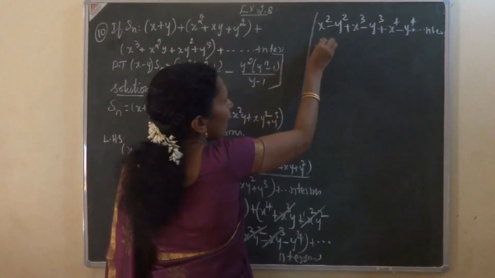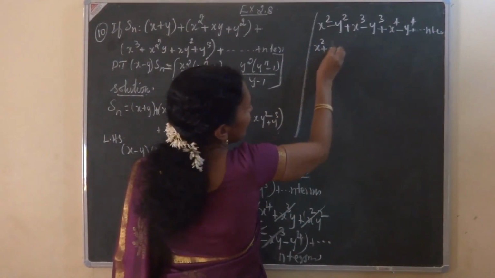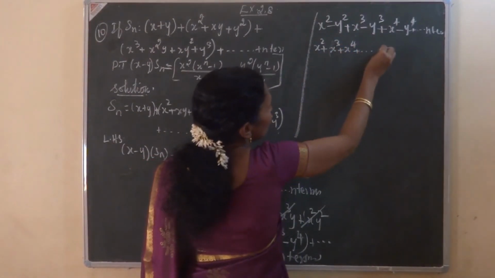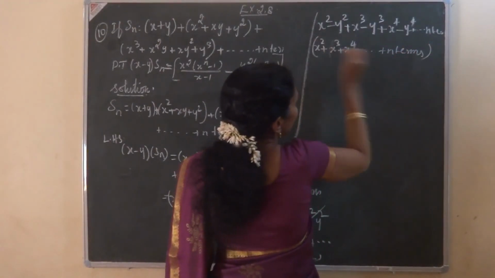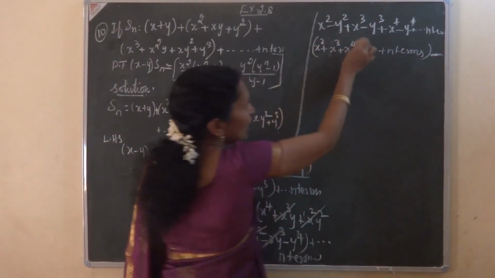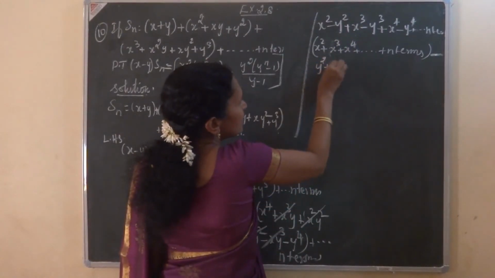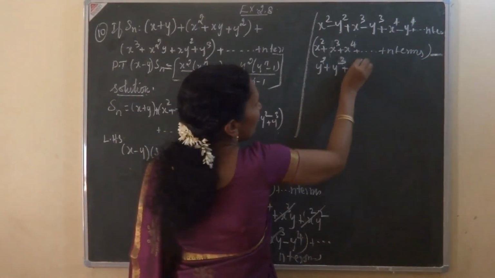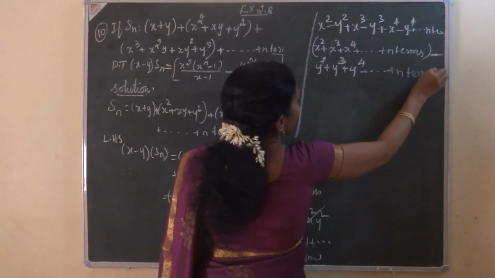x square plus x cube plus x power 4 plus etc. to n terms, minus y square plus y cube plus y power 4 plus etc. n terms.